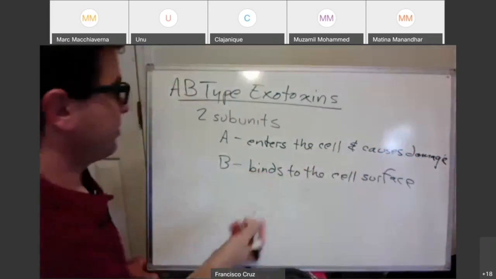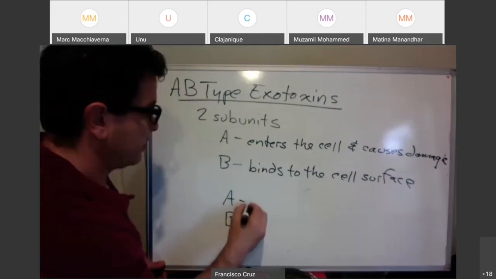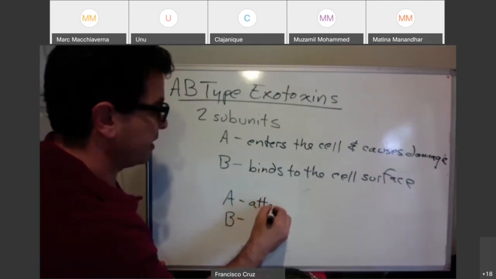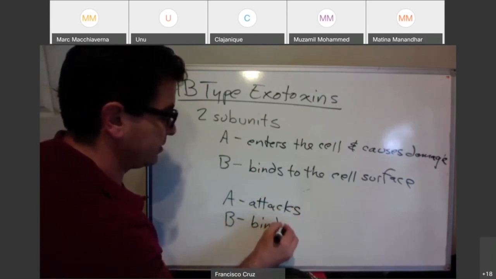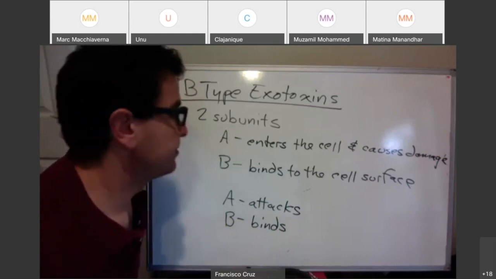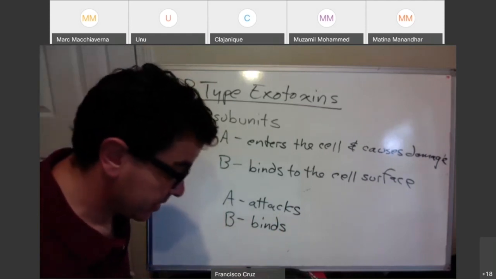An easy way to remember this is you have A and B, right? So you can say the A subunit attacks and the B binds. That's an easy way to remember this. So this is a class of exotoxins.